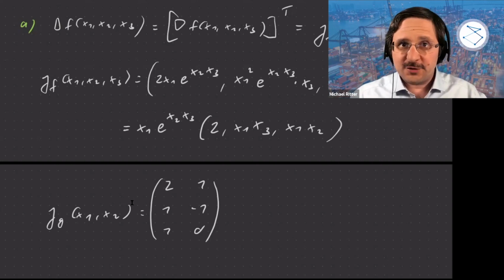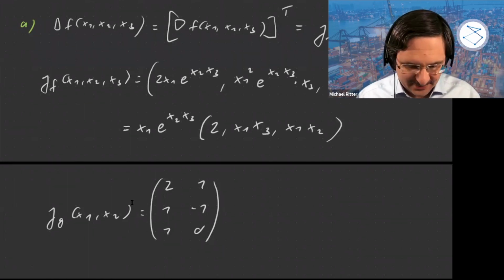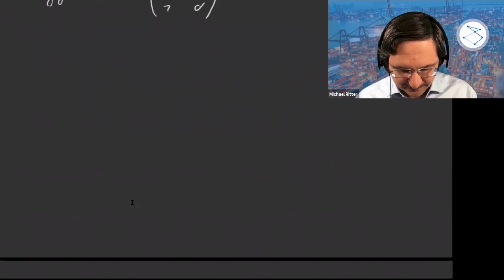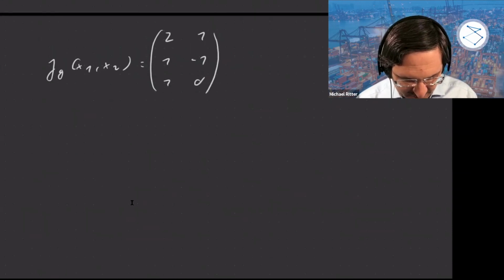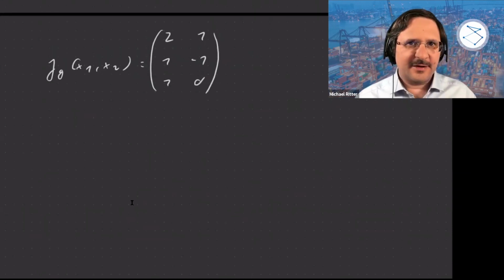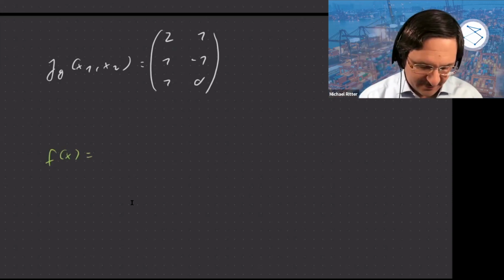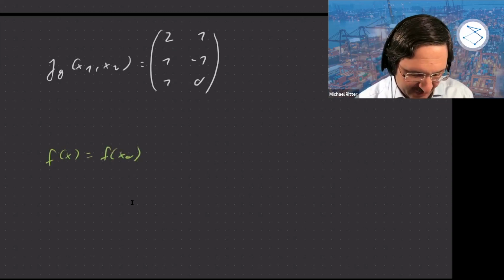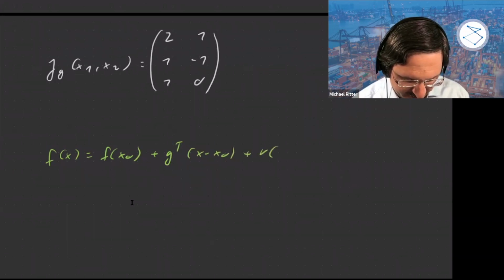So for a differentiable function, we already stated that basically the gradient or the transpose gradient is the only possible differential. You will remember, hopefully, that we defined the total differential basically as an approximation by saying we approximate the function f of x through its function value plus some g transposed times x minus x0 plus some remainder.